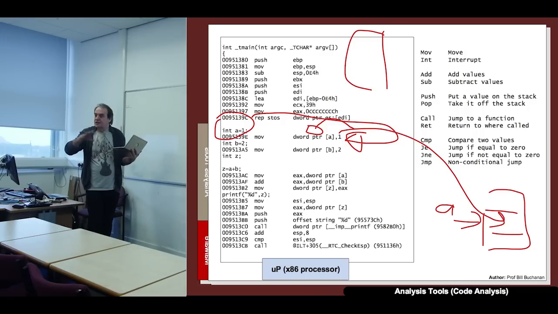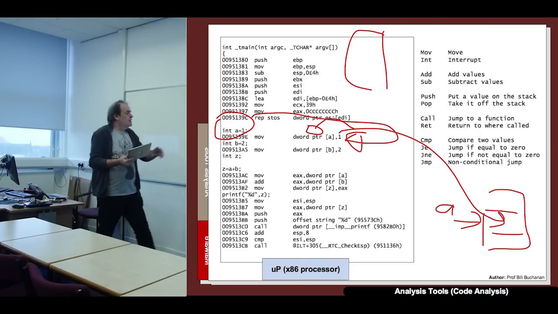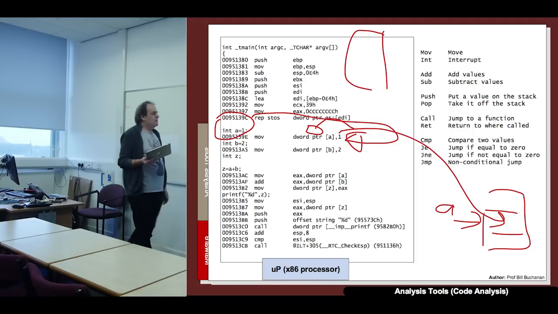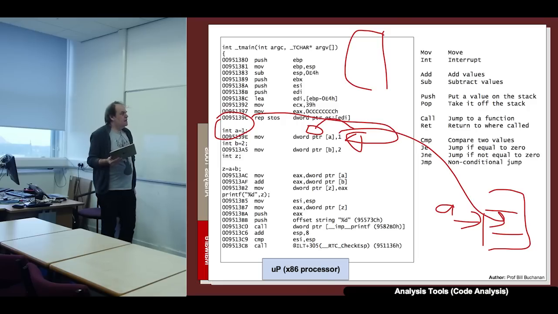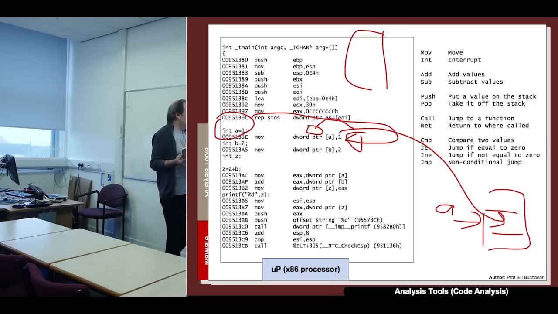Everything it does is usually with registers, a fetch, execute type thing. So we can see we're moving the value of 1 into wherever A is, we're moving the value of 2 into wherever B is, and that loads up the values here.